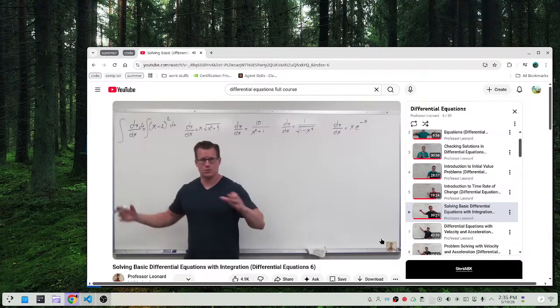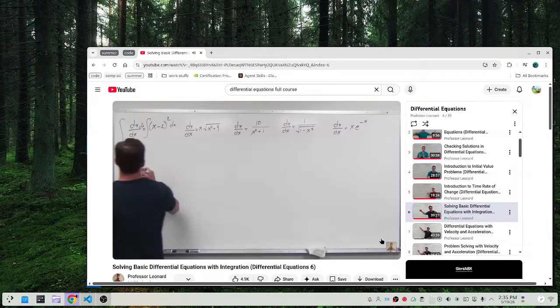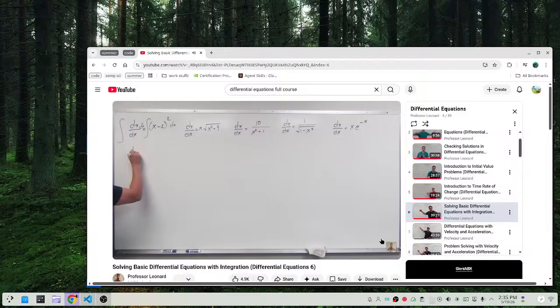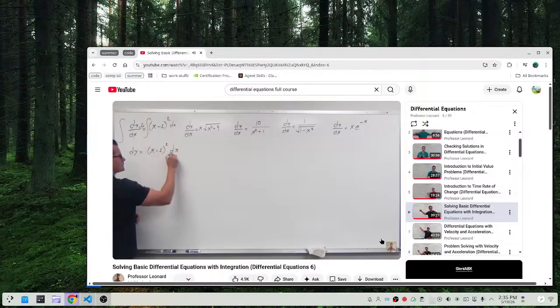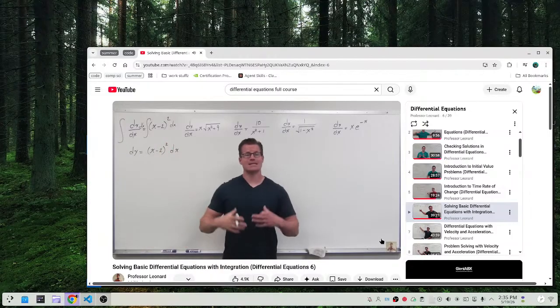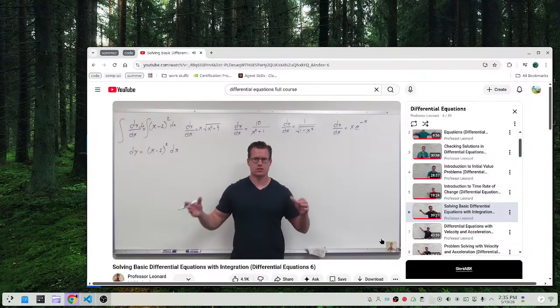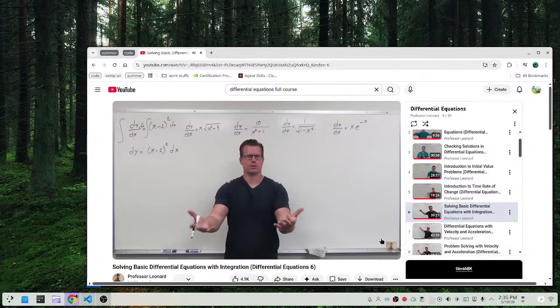But if we do just move the dx, which is possible, then we can take an integral on both sides.